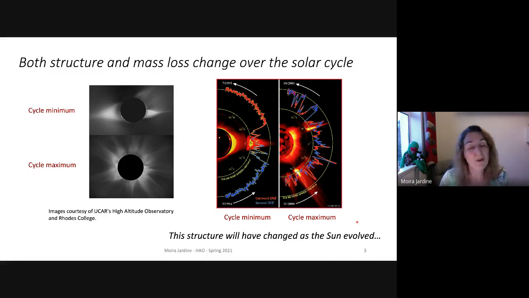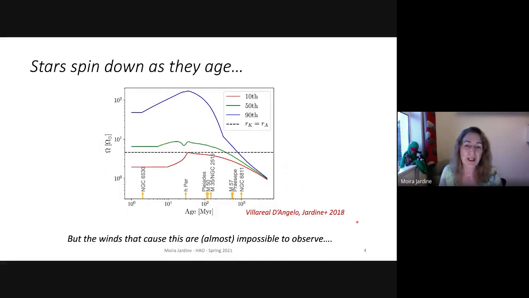We imagine, although we don't know, that the sun's magnetic field has changed as the sun has evolved. We can imagine this because the sun's rotation rate has changed with time as it has evolved, and rotation is what drives the dynamo. The dynamo generates the magnetic field. So we can see the effect of this changing angular velocity in this plot.